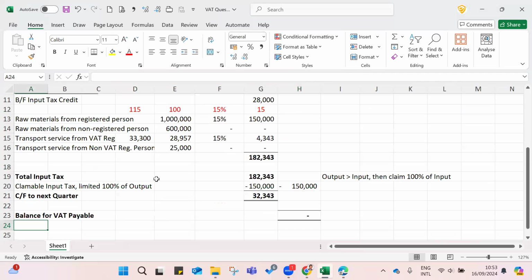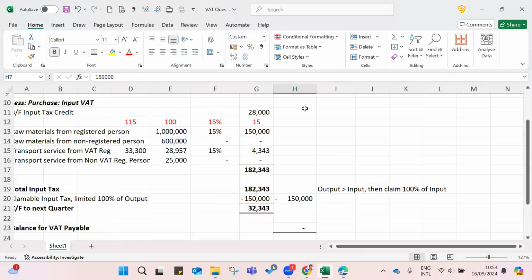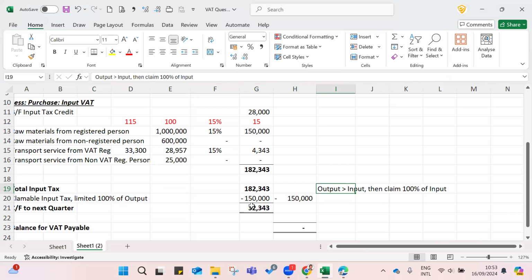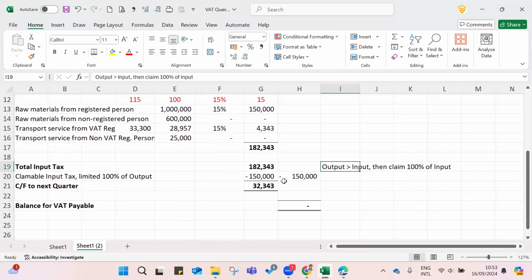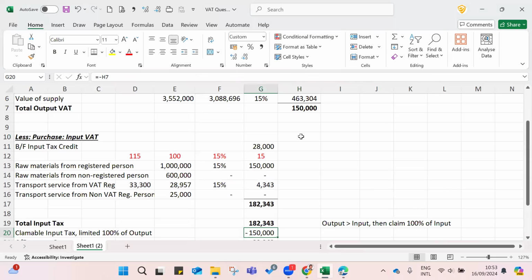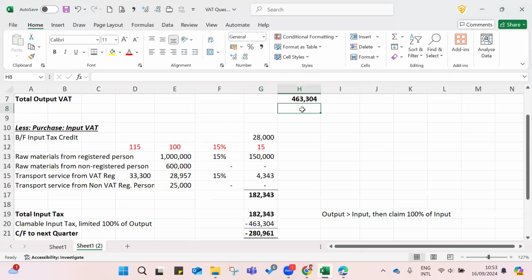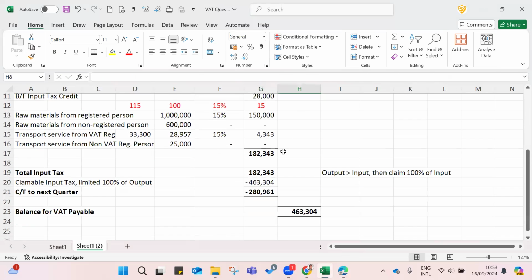Here, if you had a very low output, then you can claim only the maximum amount. It is limited to 100% of the output. So in our scenario, we can claim the entire amount because we have 163 output.